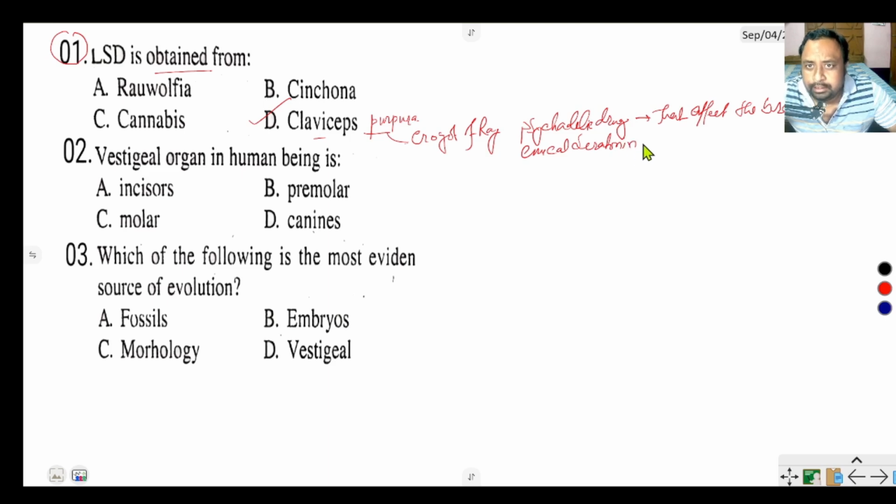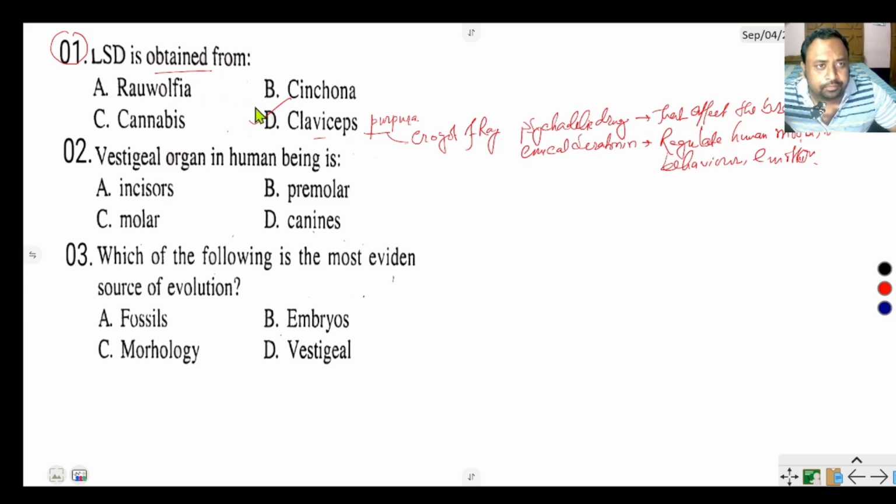This serotonin regulates human mood, behavior, emotion, etc.